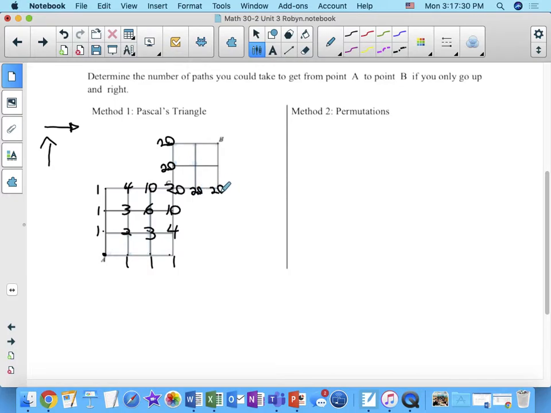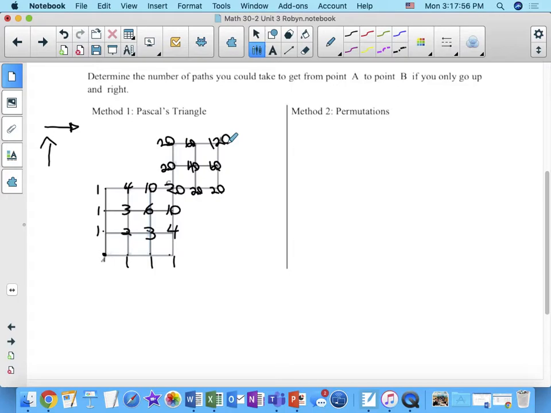All right, well, what's this guy going to be? 40, because 20 plus 20 is 40. And what's this one going to be? 60. And what's this one going to be? 60. And this one? 120.